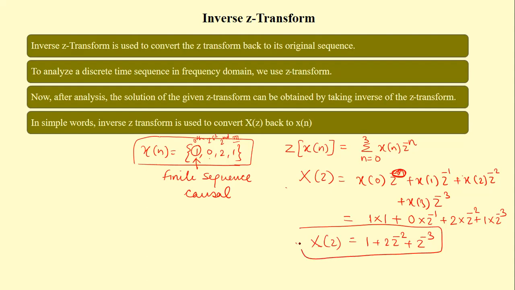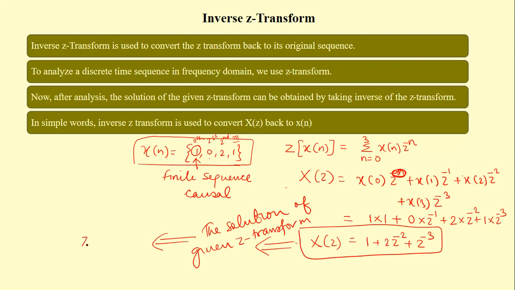Now if we have to find out the solution of a given Z transform, right, it is by taking the inverse Z transform of X(z), and this will give you xn or xk, right?